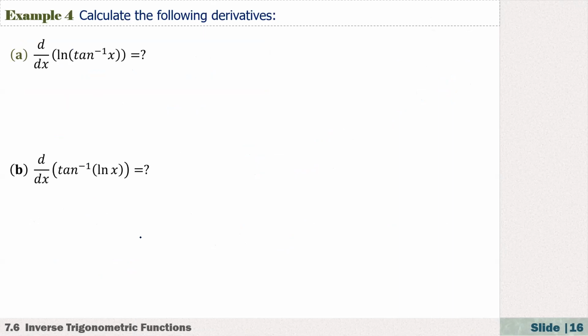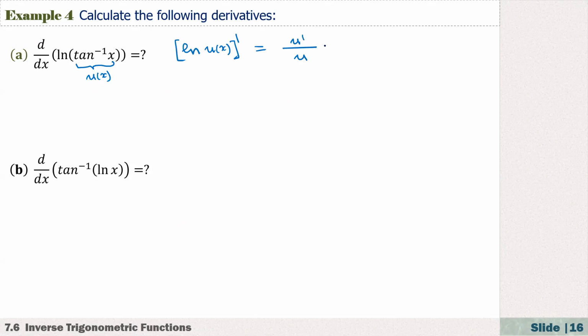Calculate the following derivatives of the inverse tangent. For the first one, let's say this is u of x. Here we have the natural logarithm of u of x, and we know how to differentiate that: it equals u prime over u.